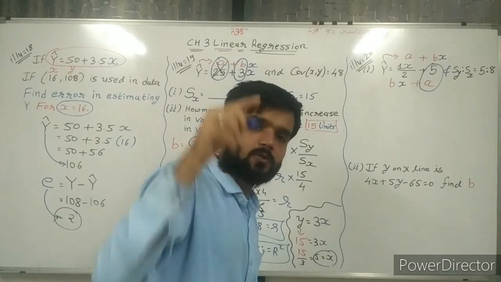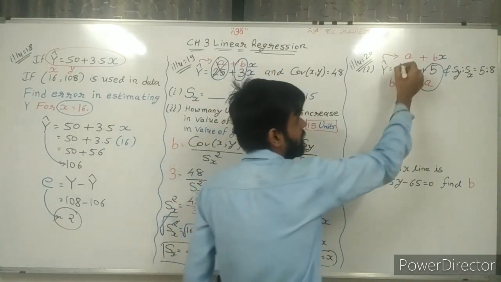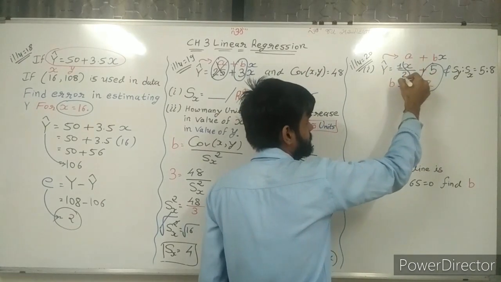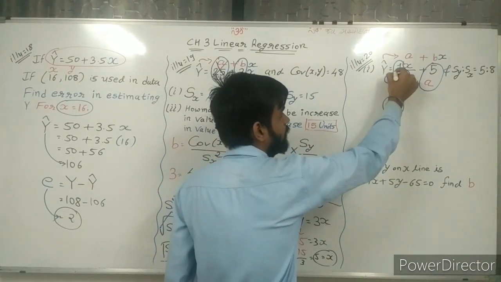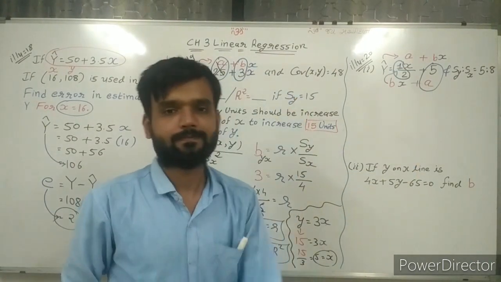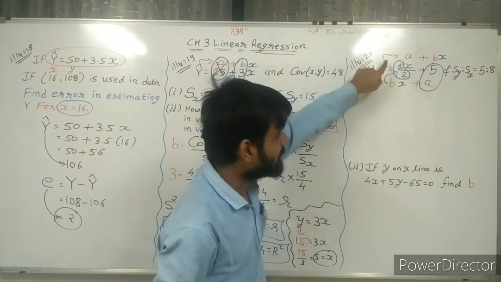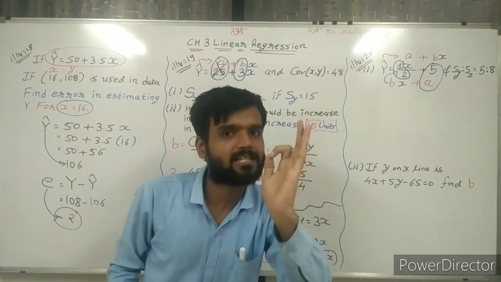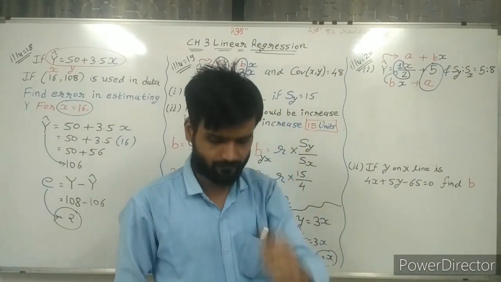Nothing is given. It means 1 is in multiplication. And now compare with this, 1 upon 2 is my value of b. That is given with the value of x. So with x, the coefficient is 1 upon 2 and that 1 upon 2 is considered as b. This is very important to understand.